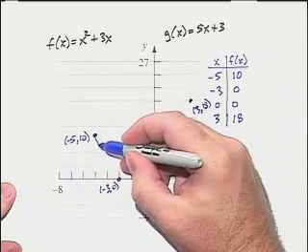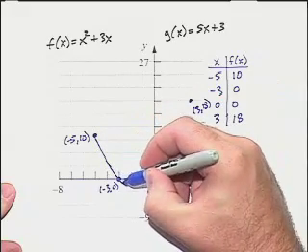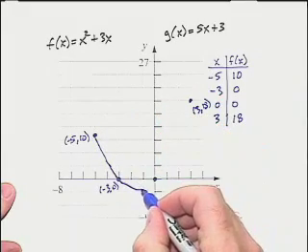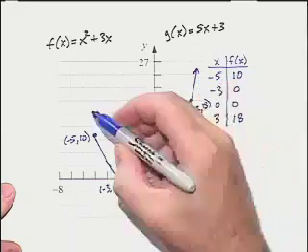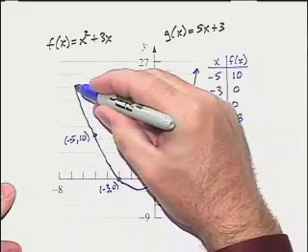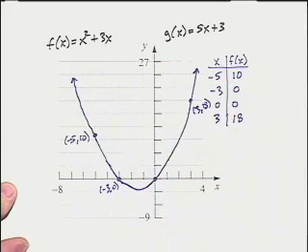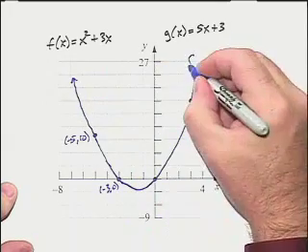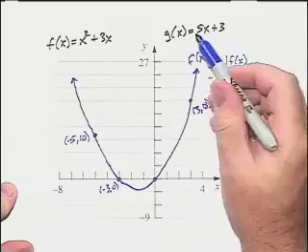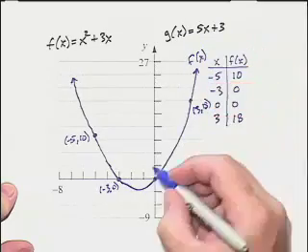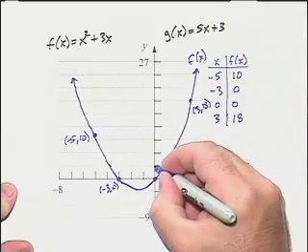We'll go ahead and connect these dots. Recognizing that f of x is a quadratic, so the graph is a parabola, we get our rough graph of f of x. G of x is a linear equation, so we've got a linear function here. The y-intercept is 3.